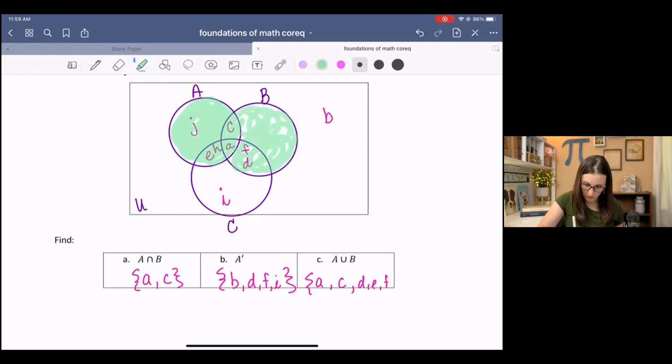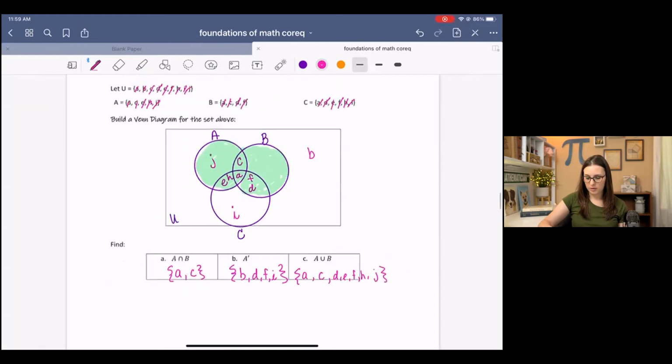A union B. There we go. I've got A, C, D, E, F, H, and J. And that's all.